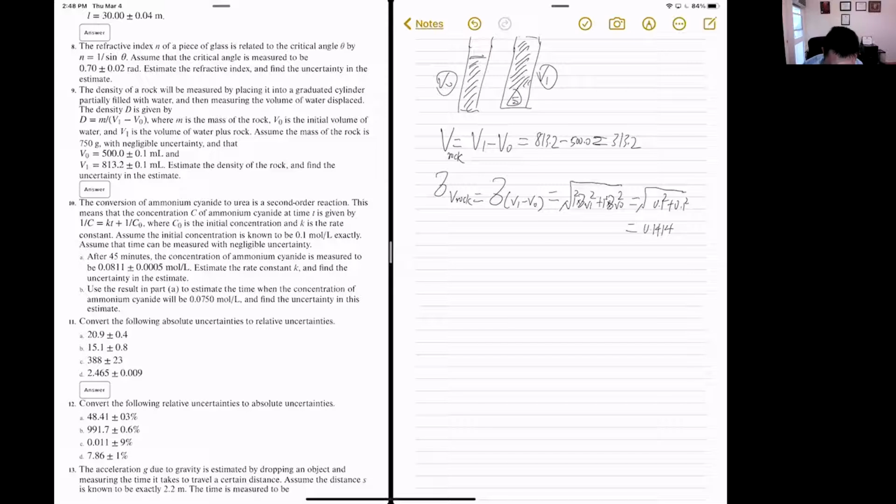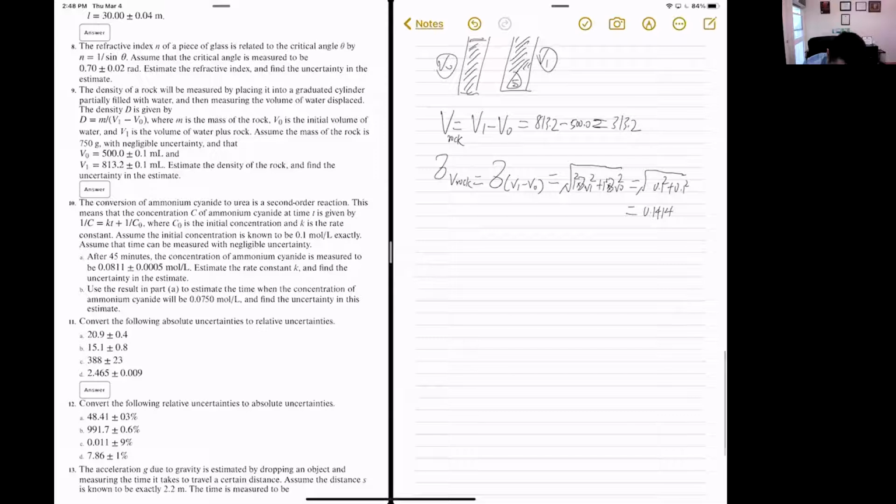And then let's calculate dD, where D is the density. D is equal to m over V1 minus V0, and V1 minus V0 is defined by us as V rock. So D is equal to m, the mass of the rock, over the volume of the rock.